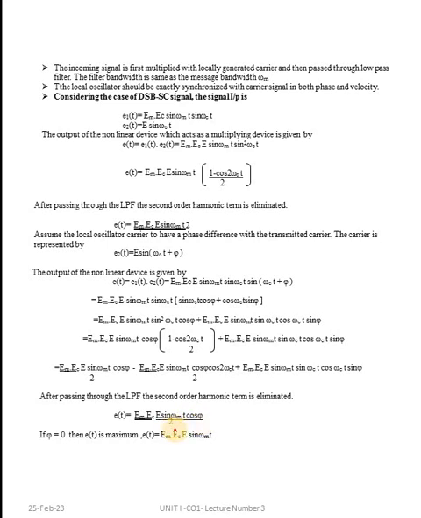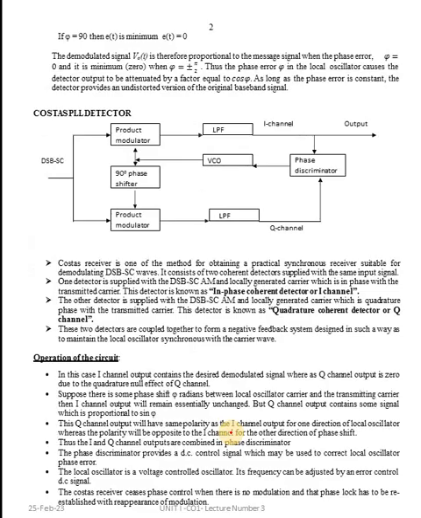divided by 2. If the phase difference is 0, then E of t is Em sin omega mt, because cos 0 is 1. If the phi value is equivalent to 90 degrees, then it will be a minimum value, because cos 90 is 0, so the entire thing will be eliminated.